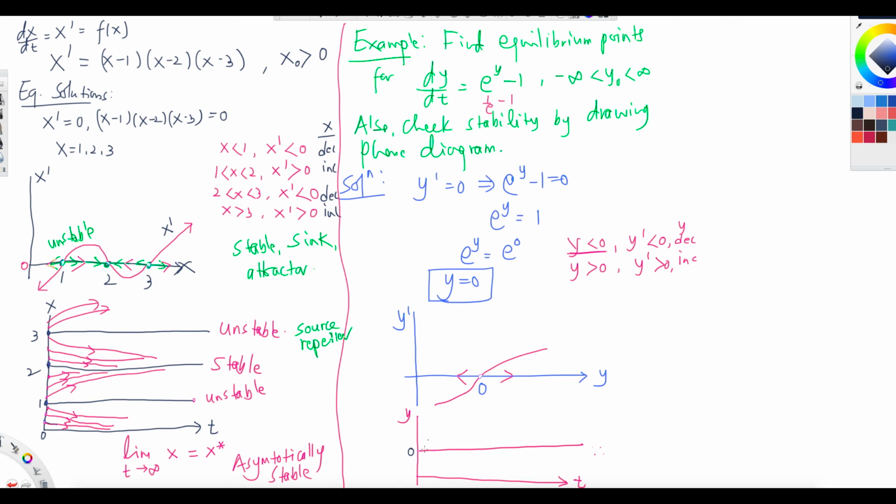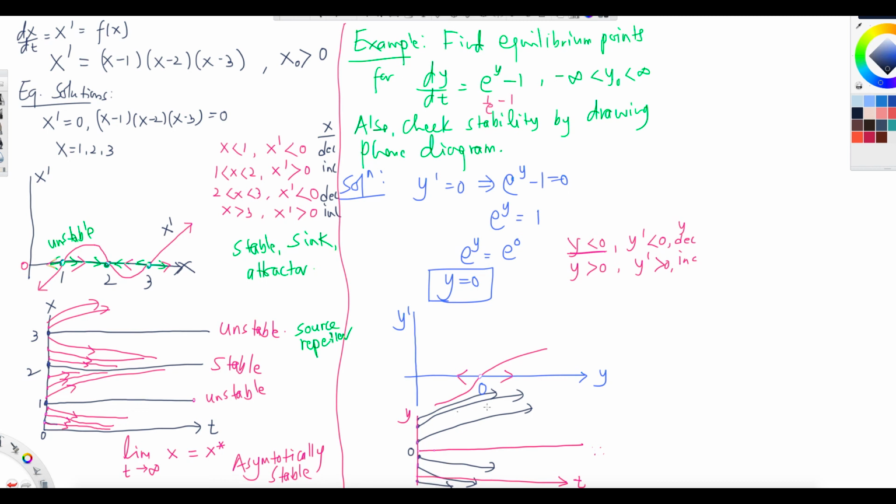If you consider any initial value at 0 greater than 0, what happens? The graph will be increasing, right? So if you start somewhere here, the graph will increase. This is what the solution looks like. But if you start below 0, the graph will decrease, going away again, right? Like that.